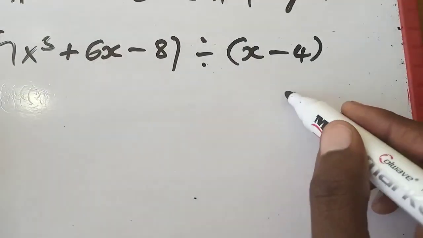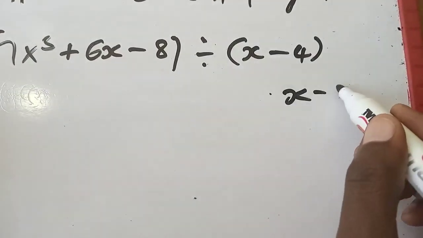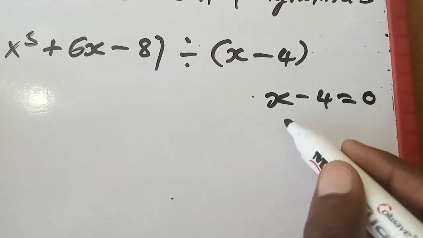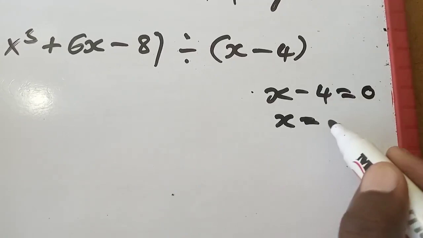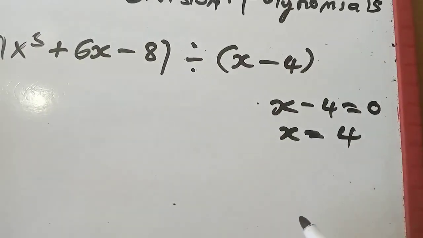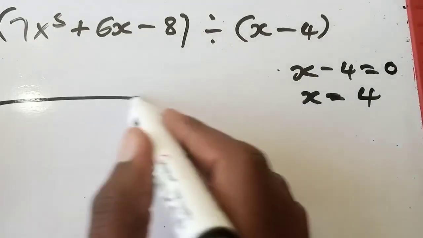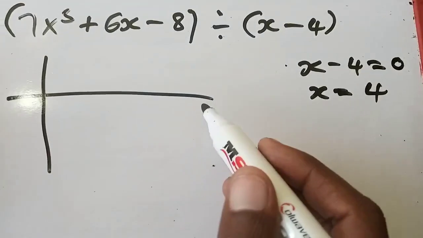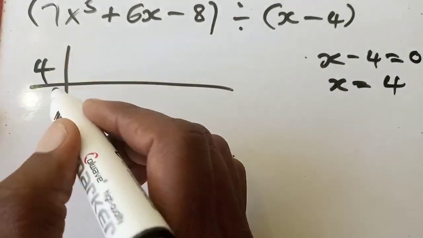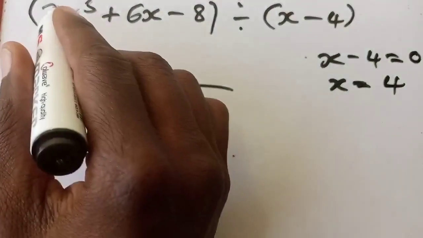So to find the value of x, you equate this to 0, so that x is equal to, what? Positive 4, like that. Then you draw something like this. Here you have positive 4, here you have 7.